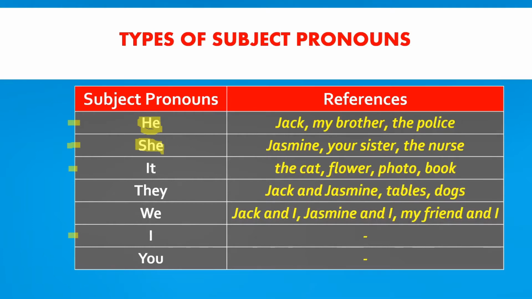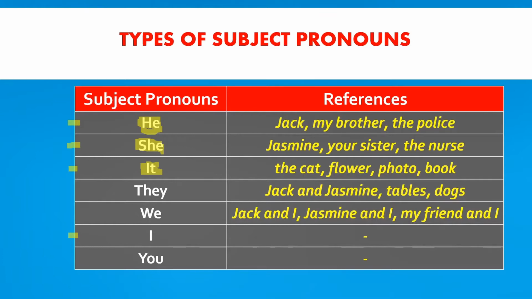Okay, next we are talking about the subject pronoun it. The subject pronoun it refers to something that's not human. It can be a thing, it can be animals, or even flower. If you look at the example here, you can see the cat, flower, photo, or book.